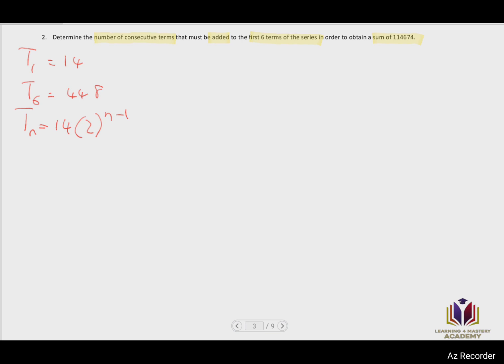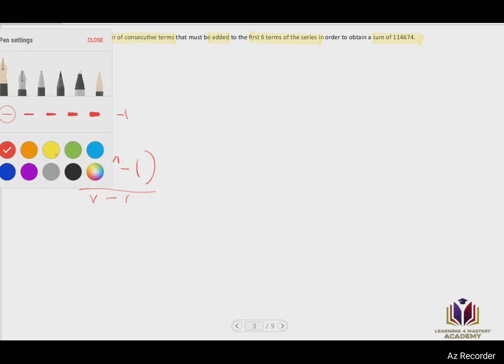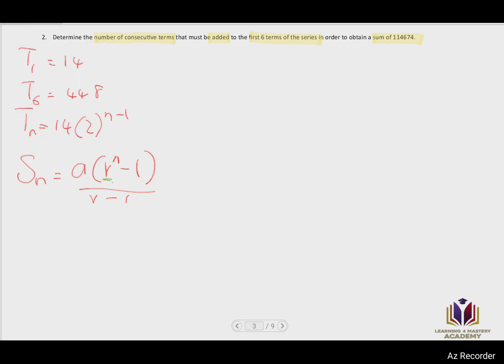At the moment, we don't have the values of the terms of the series. Why is that? It's because in the information provided to us, they only gave us the first and the 6th term. So firstly, we need to calculate the sum formula. Sn equals a(r^n minus 1) over r minus 1. Do we have the ratio r? Yes, we do. Do we have the a?